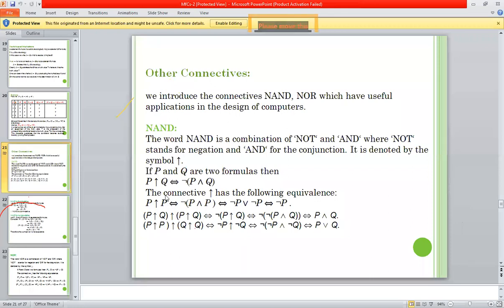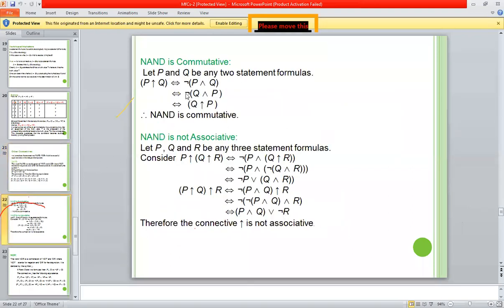So what is the rule of NAND? P NAND Q is equivalent to negation of P and Q. Next, NAND is commutative. Let P and Q be any two statement formulas.